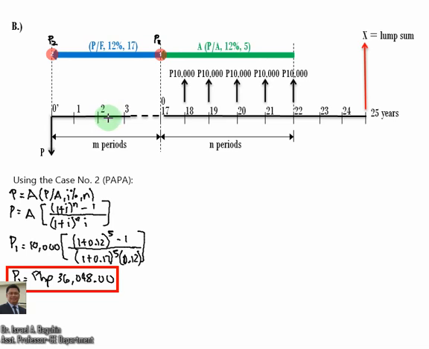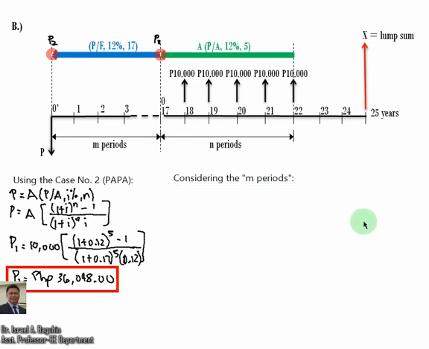So we are just considering the future worth with respect to P and this I, which is 12%, and our N, which is just equal to M, because we are considering M periods here. M is just equal to 17 years.